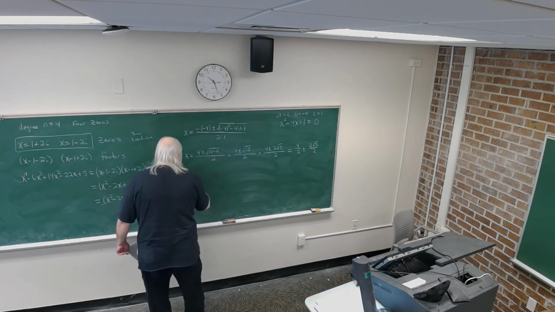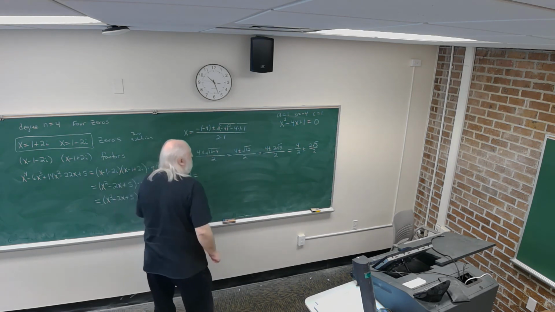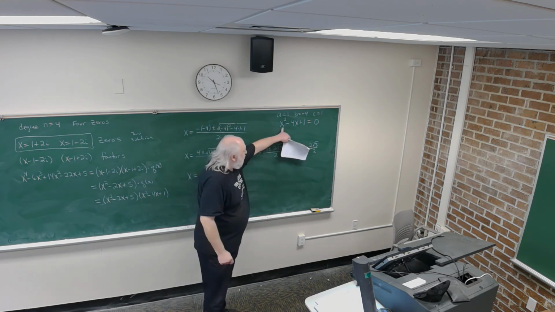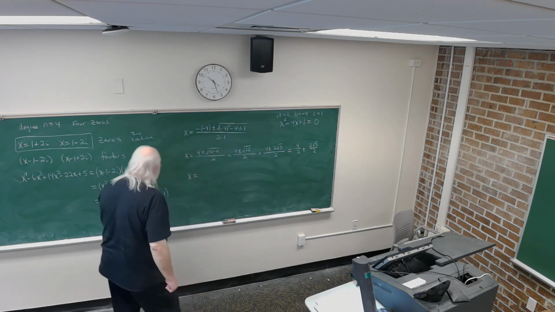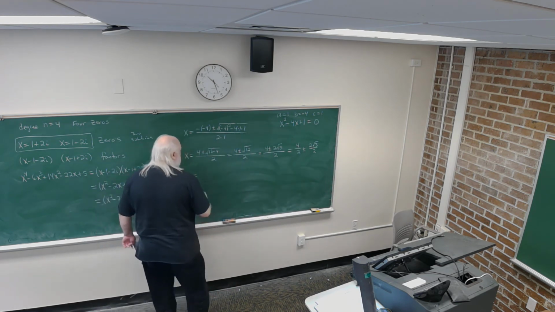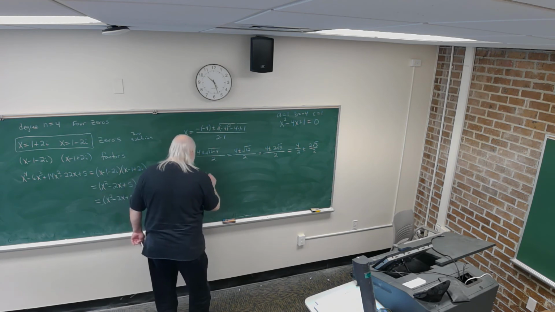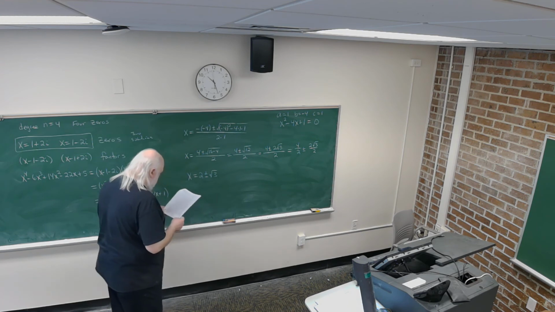And so the two values of x that make this quadratic equal to 0 are x equals 2 plus the square root of 3 and 2 minus the square root of 3.